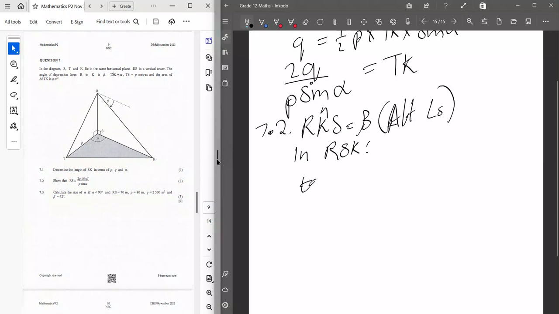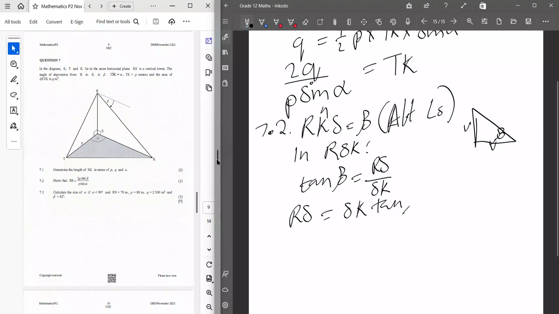So tan beta equals opposite over adjacent. Opposite is RS, and adjacent is SK. So RS is SK tan beta.